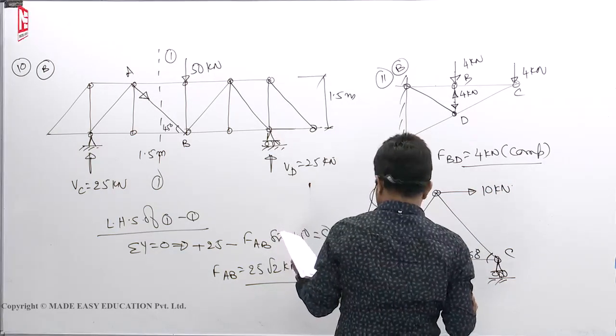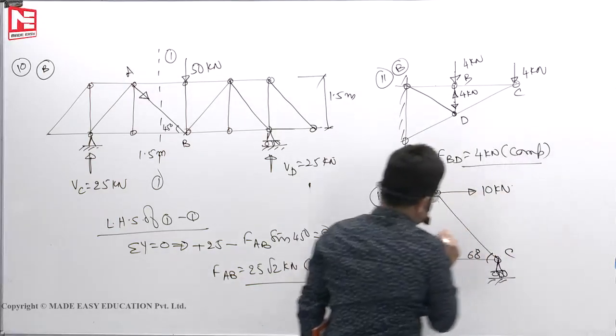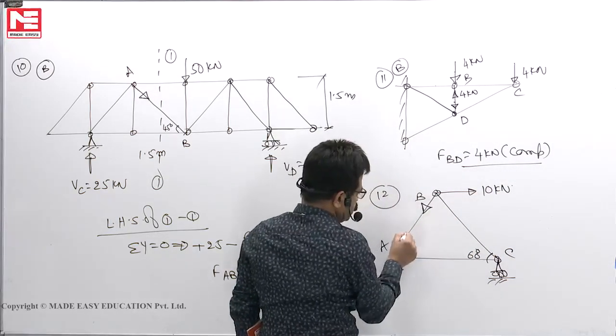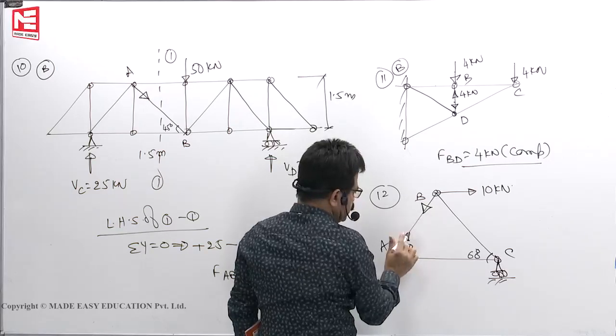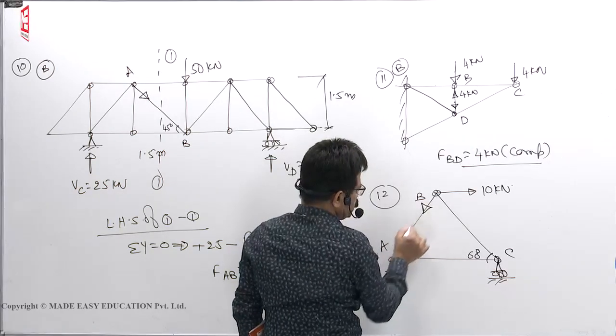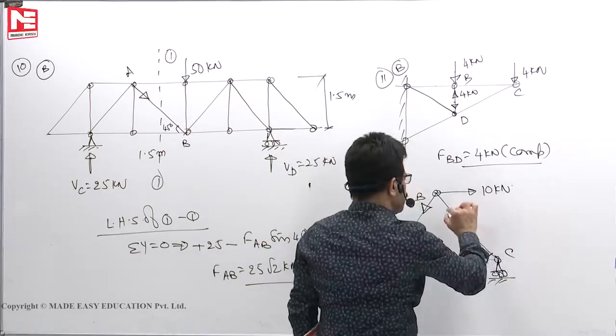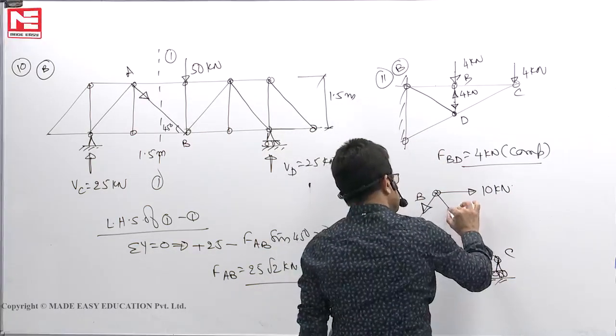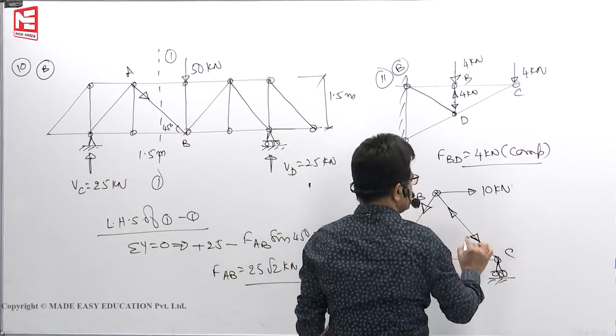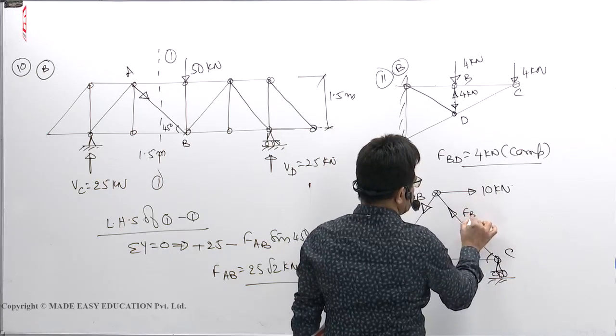Force in the member BC. Now when I am pulling it like this, it is under tension. This is under compression. Tension means away from the joint, so here also away from the joint. For BC, when I push it like this, it will support like this, so this is under compression. So this is the force in the member BC.